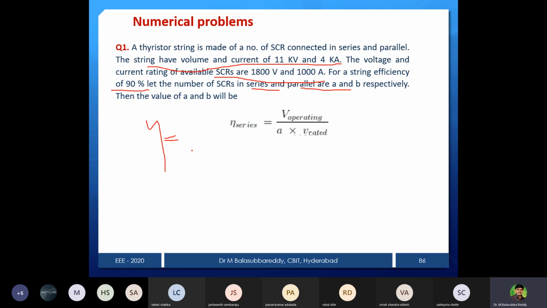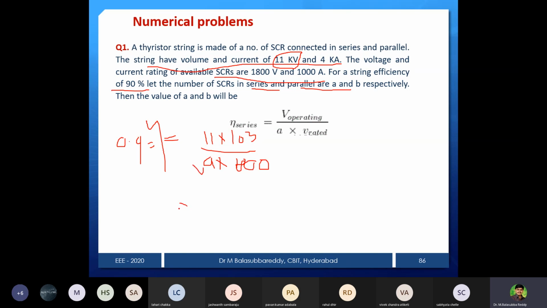In this case, what is the whole string? 11 kV, our demand, so 11 into 10 cube, divided by the number of SCRs in series, which I don't know, let it be A, and the voltage rating of one SCR, which is 1800 volts. The string efficiency is given as 90%, so 0.9. This is one equation. You just substitute the data and we'll get the A value.